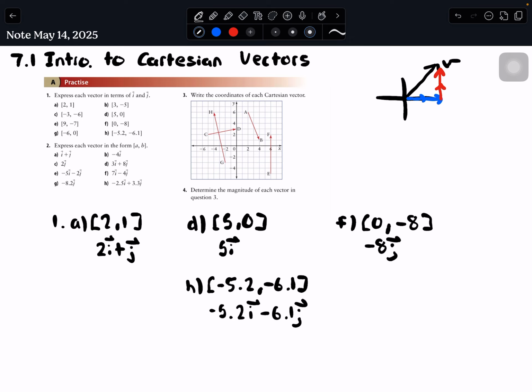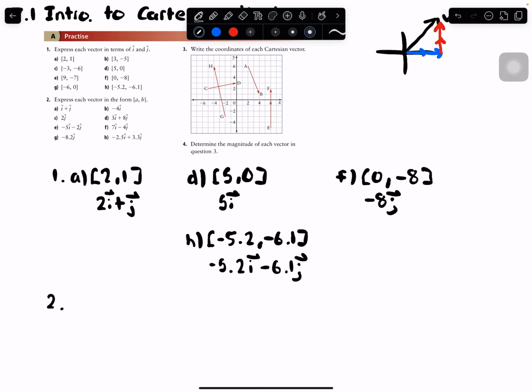All right, moving on. Let's do question 2. This is just the reverse process. We now have a vector expressed in terms of the i and j unit vectors, and we want to express it in its more compact Cartesian form. So let's do A, i plus j. Well, that would just be the vector 1, 1. How about maybe F, 7i minus 4j.